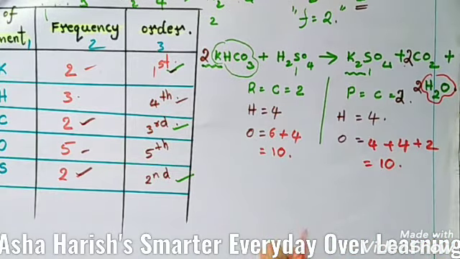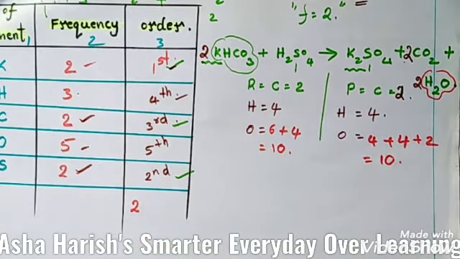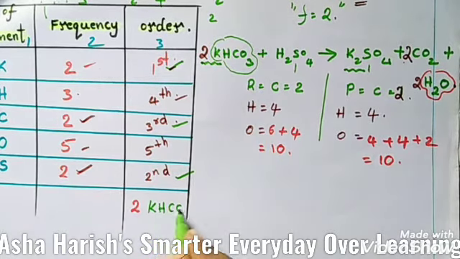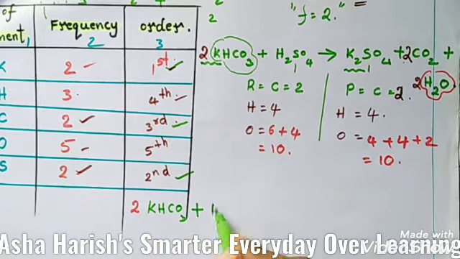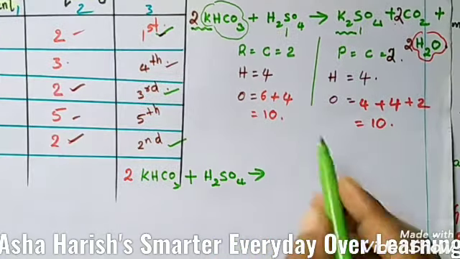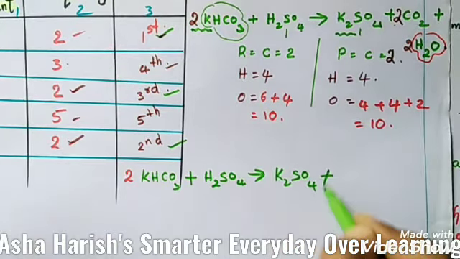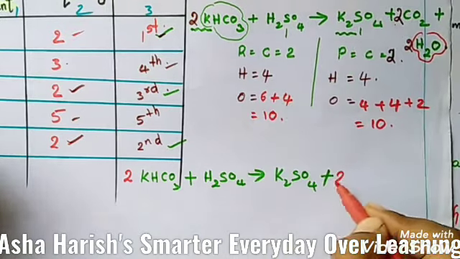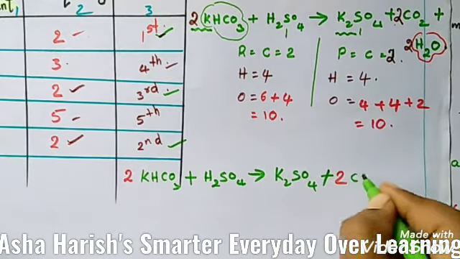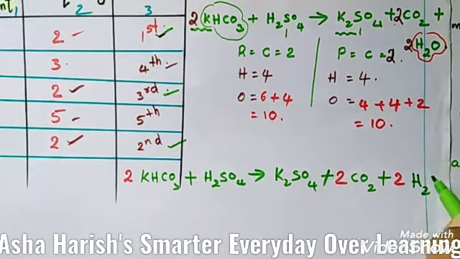Now what is the final equation? We derived that 2 KHCO3 plus, as usual, H2SO4 gives rise to K2SO4 plus 2 CO2 plus 2 H2O.